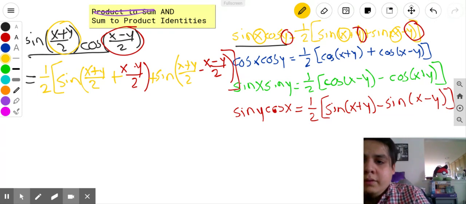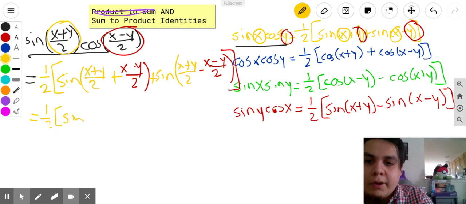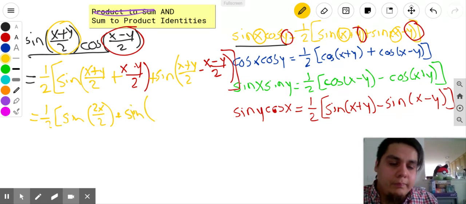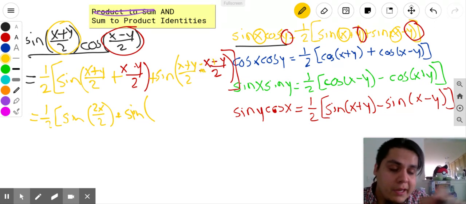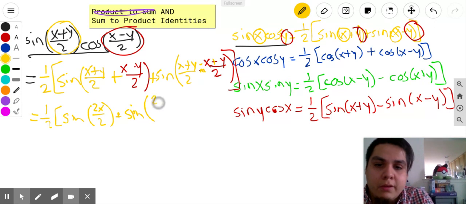So right here, this would have to equal 1/2 sine of, well, it'd be a 2x over 2, plus sine of, and hopefully you guys are careful because I'm subtracting. So when I subtract, this turns into minus, this turns into plus. And when I combine those two numerators, I end up with 2y over 2. Close it, bracket, cool.